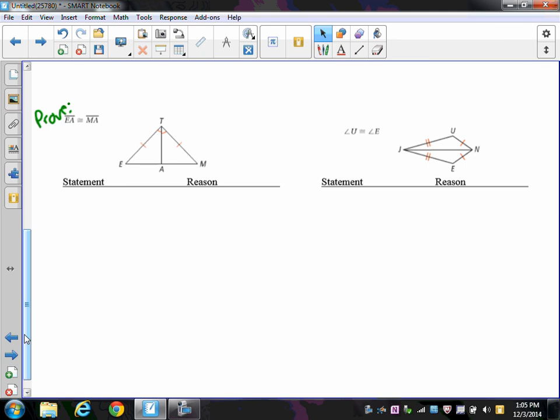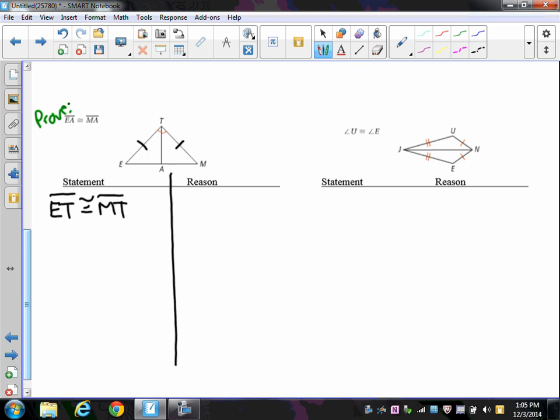So I'm given that segment ET is congruent to segment MT. Our reason, given. And I'm also given that angle ETA is congruent to angle MTA. And this is given.